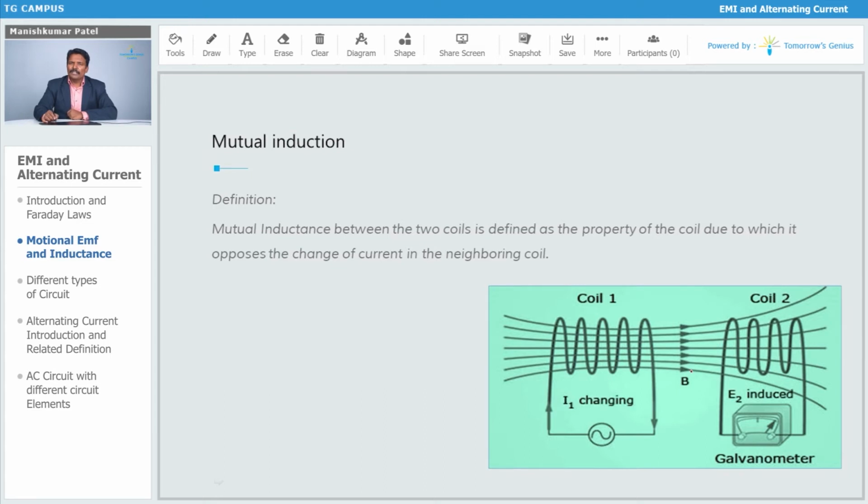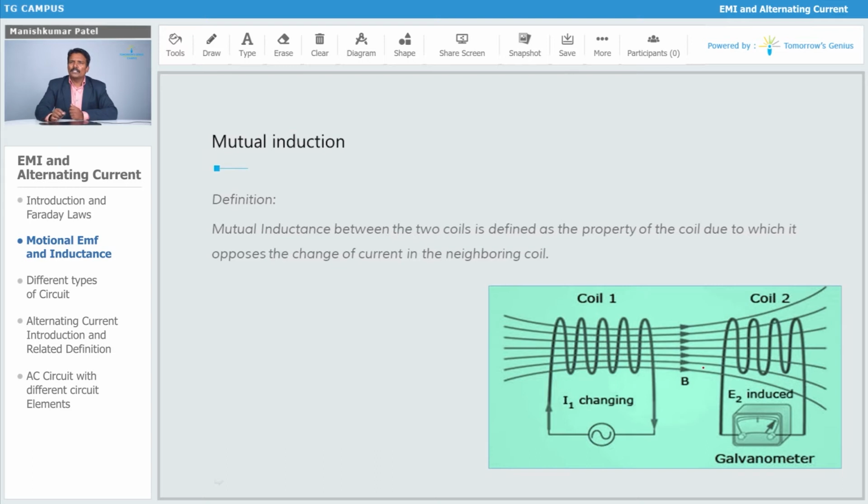That means the flux linked to the secondary coil is also going to change, and that is the reason you can find the induced EMF in your second circuit, that is coil 2.